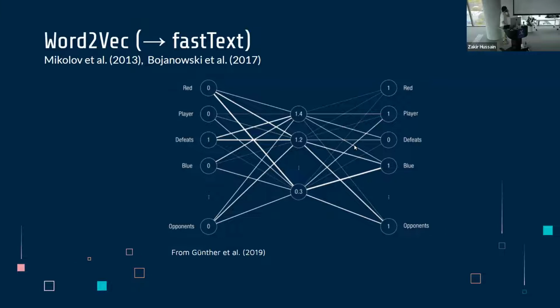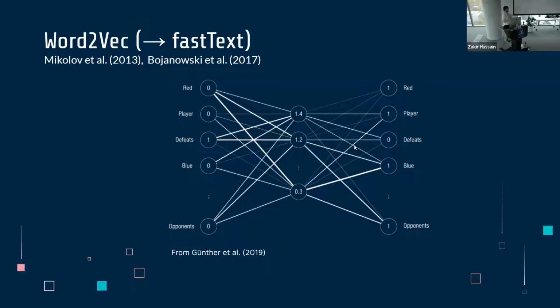But the core idea is once you've trained this model to predict words from words around, or words around to words, when you feed in a particular word like defeats, and it's predicting, I mean, this is the actual words that occurred around it rather than its predictions, which would be like probabilities. But you can take the hidden layer's activations, and that would be your vector representation for the word defeats when you feed it into the network.